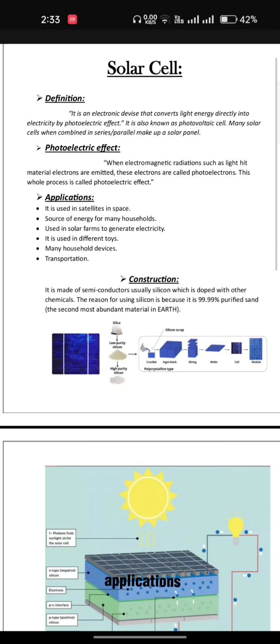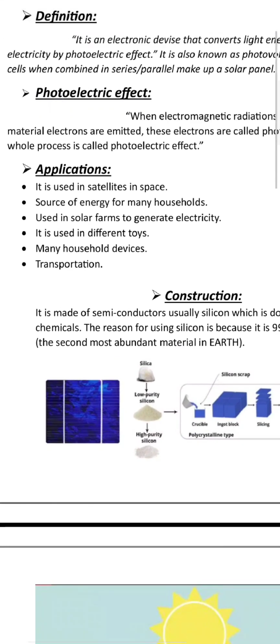Now we come to the applications of solar cell. It is first of all used in satellites in space. You might have seen in a lot of movies that these satellites in space have solar panels with them. It is a source of energy for many households. Yes, of course, it is used in many households to prevent expensive bills, and used in solar farms to generate electricity.